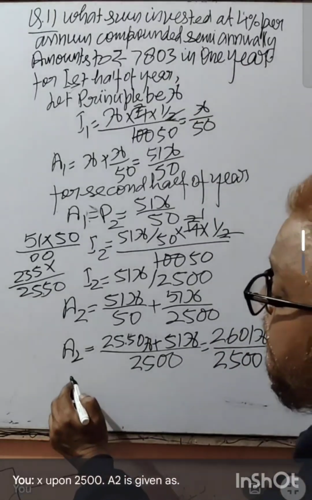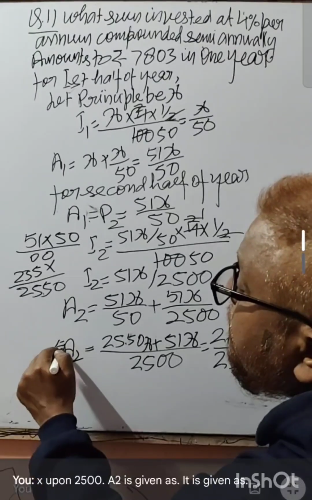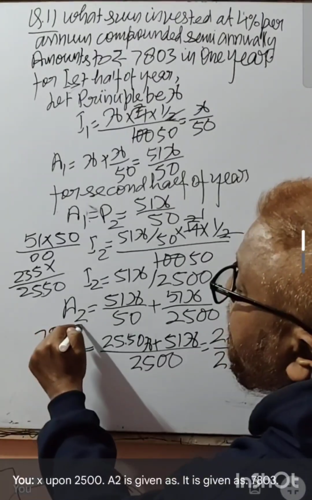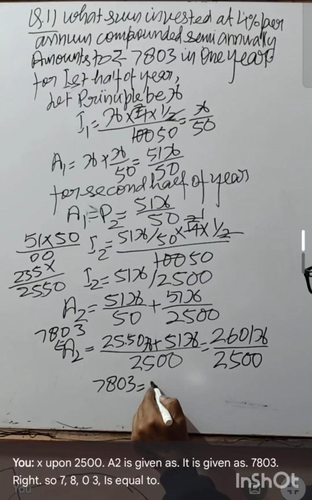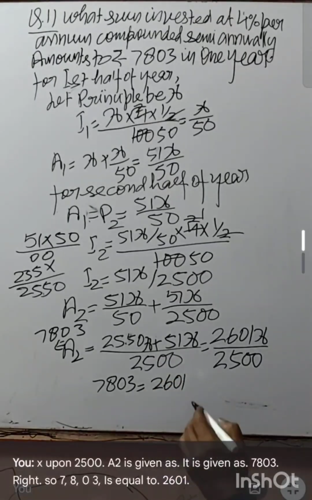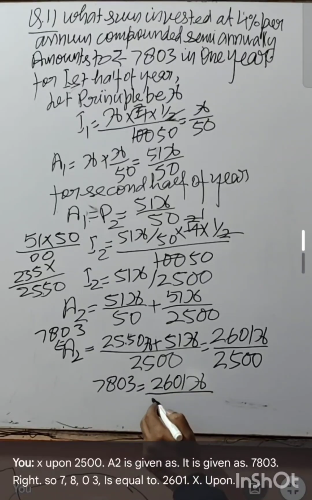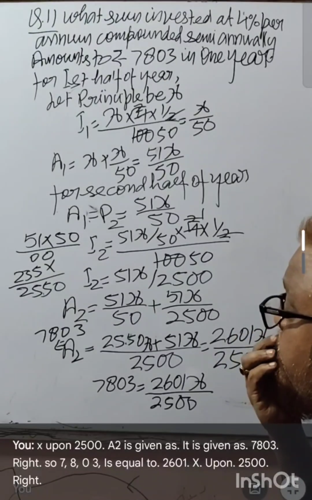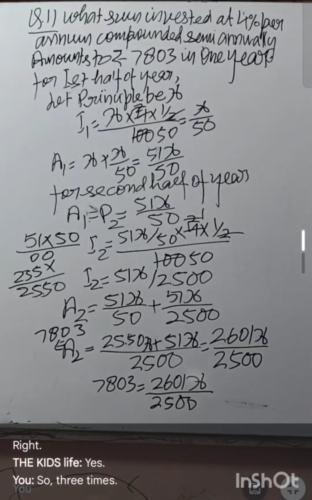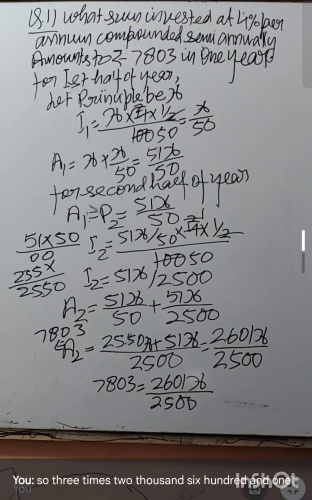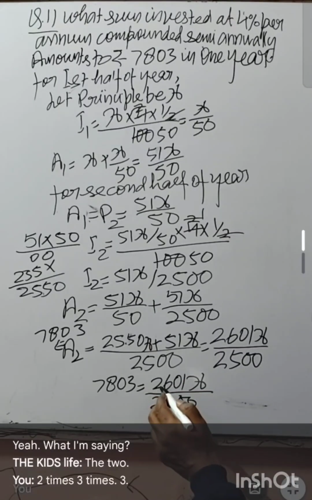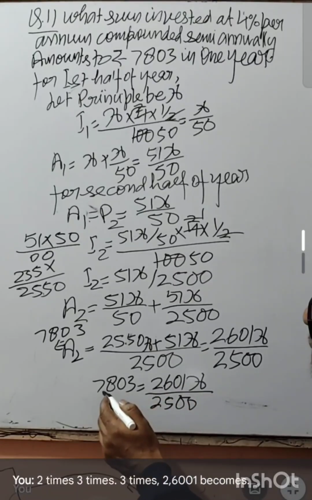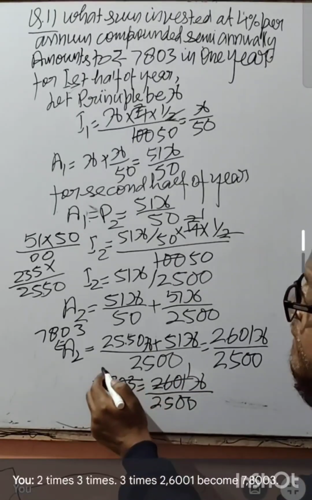A2 is given to us, it is 7803, right? So 7803 is equal to 2601X upon 2500. Three times 2601 becomes 7803, it is 3.